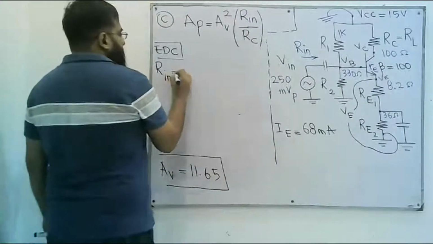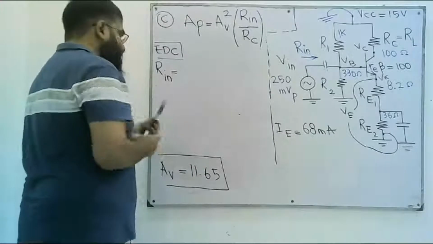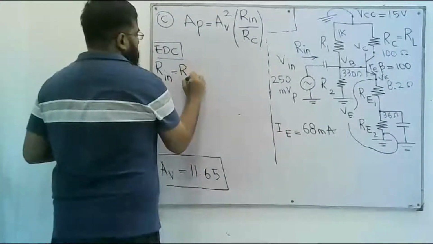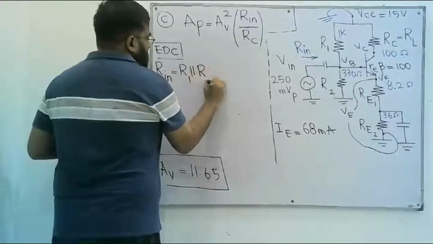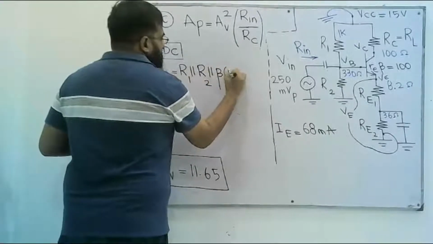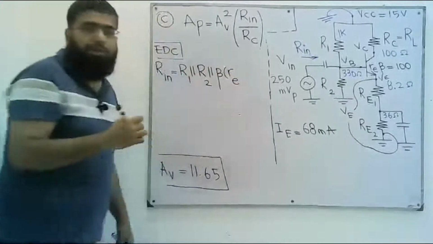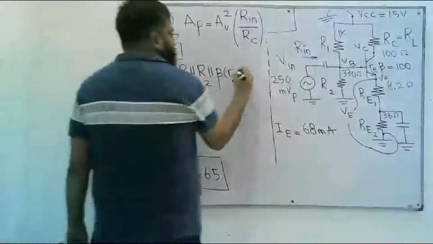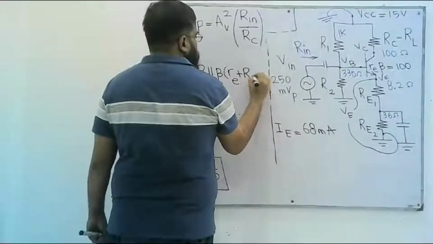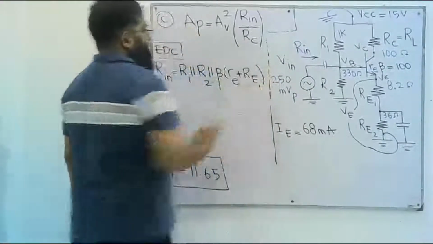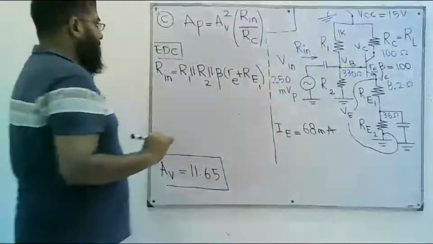So our Rin is R1 in parallel with R2 in parallel with beta times small re plus RE1.